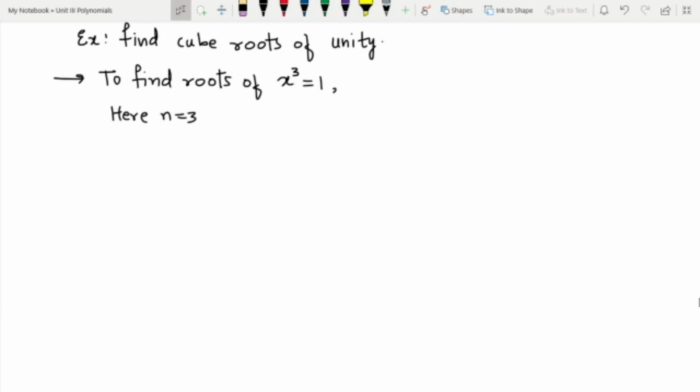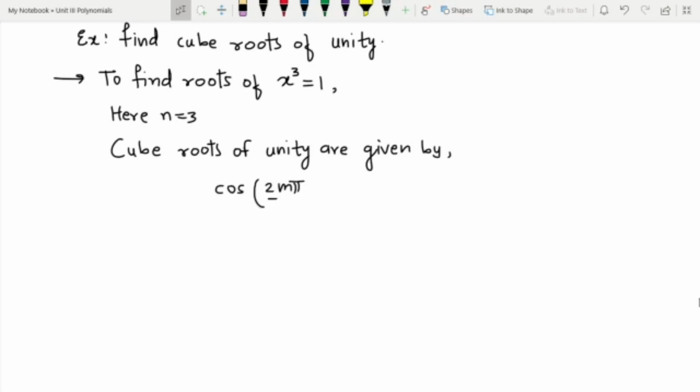So I'll say cube roots of unity are given by cos of, now since value of n is 3, 2m pi upon 3 plus i sin 2m pi upon 3, where your m will start from 0 and go up to n minus 1, that is 2. So 0, 1 and 2.